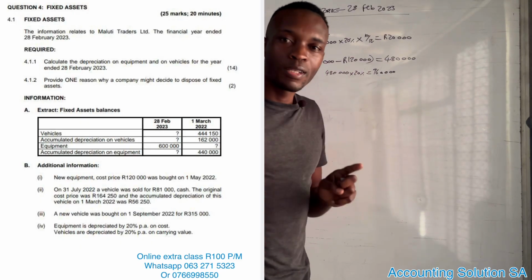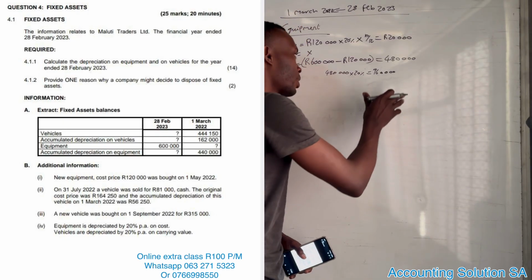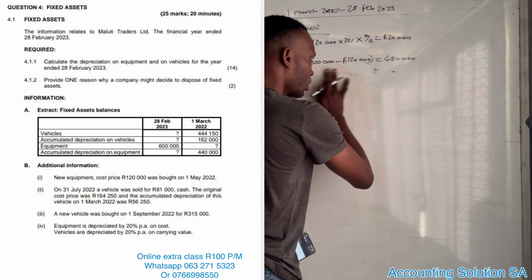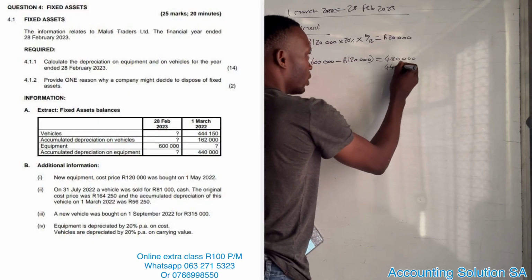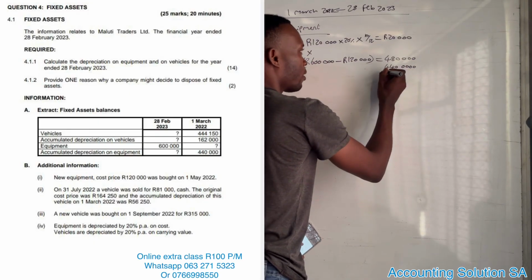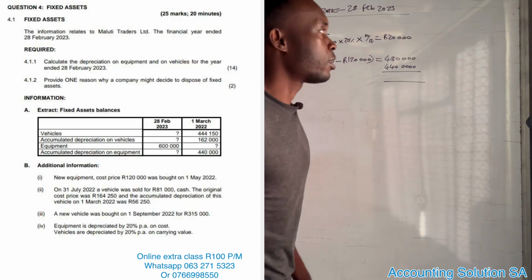It's already over-depreciated. What you need to do is very simple. You just have to take the cost price and compare it with the accumulated 440,000. Whatever you get, you must subtract 1 rand. Then that will be your depreciation.